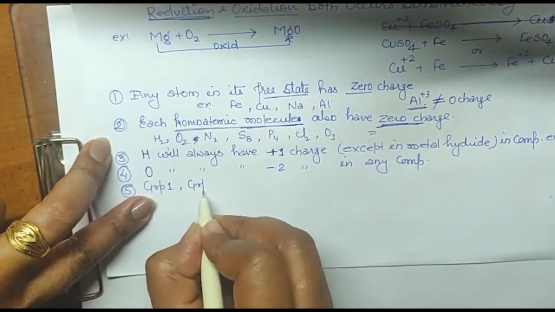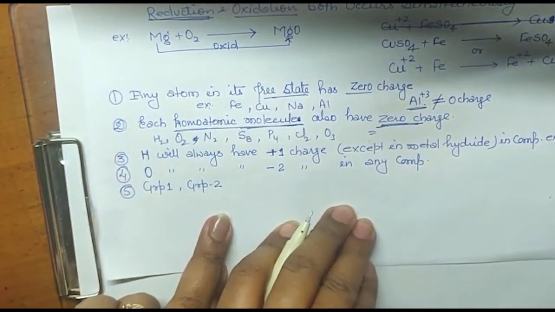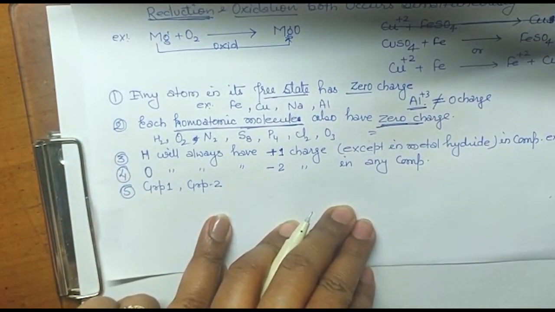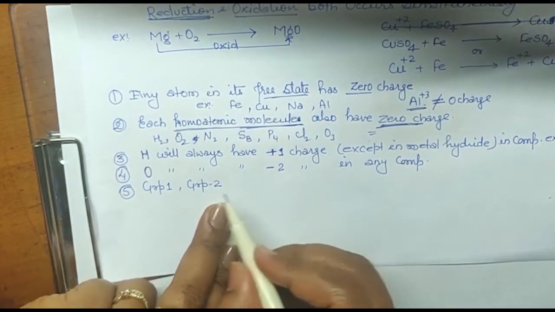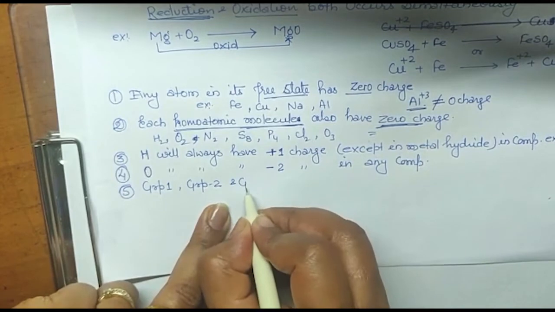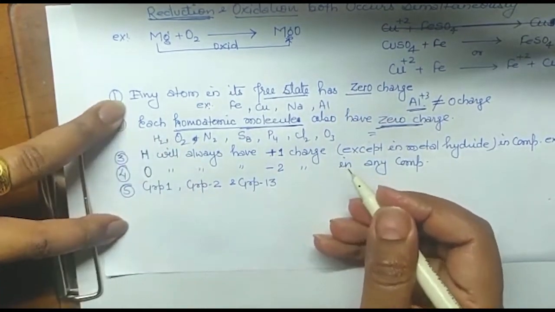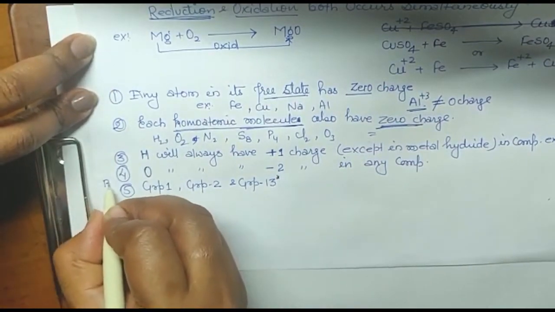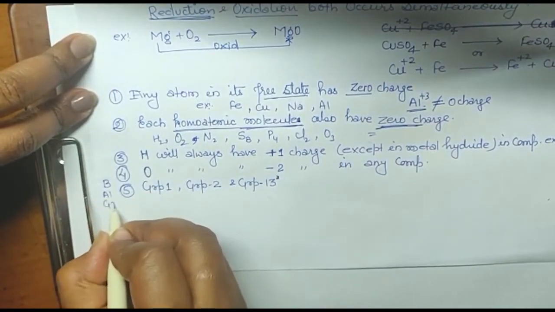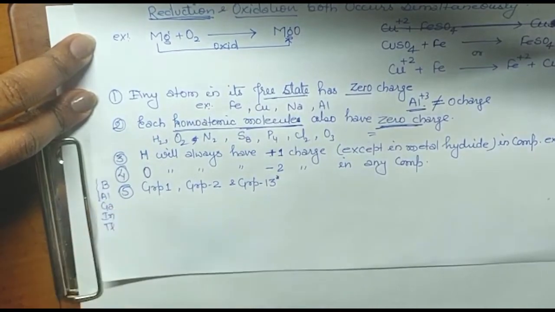Group 2, I have also explained: beryllium, magnesium, calcium, strontium, barium, radium. And group 13, boron, aluminium, gallium, indium, thallium. Out of that you have to learn these two only.